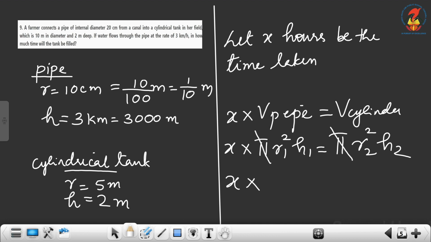X into R1 is 1 by 10 into 1 by 10 into H1 is 3000 is equal to R2 and H2. R2 is 5 into 5 into 2.